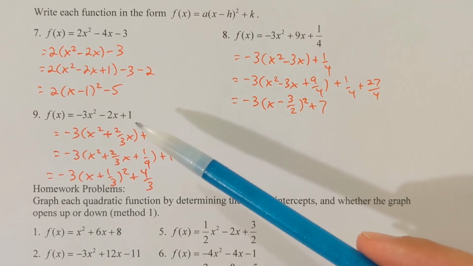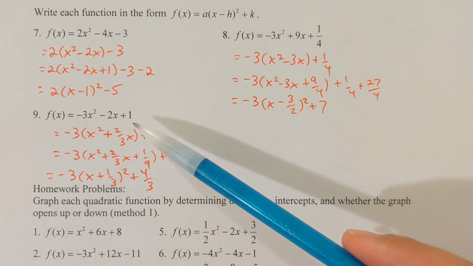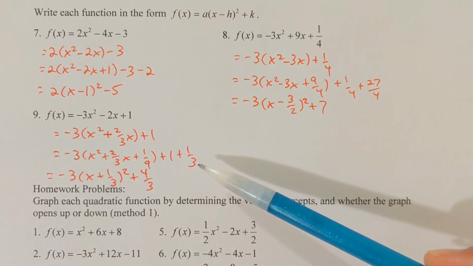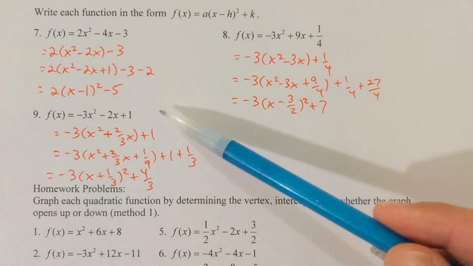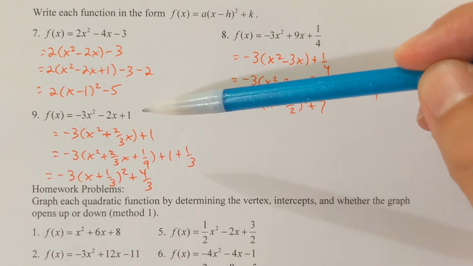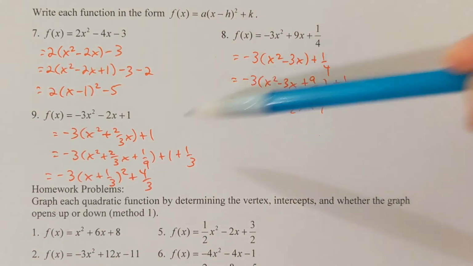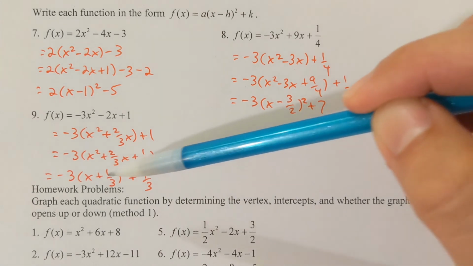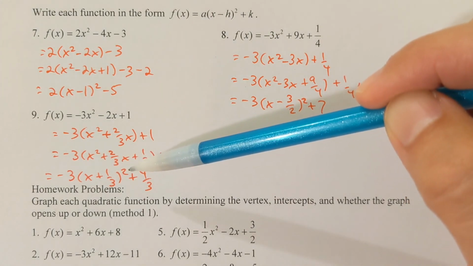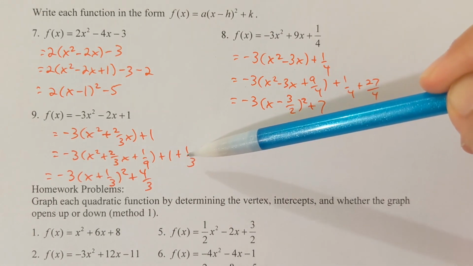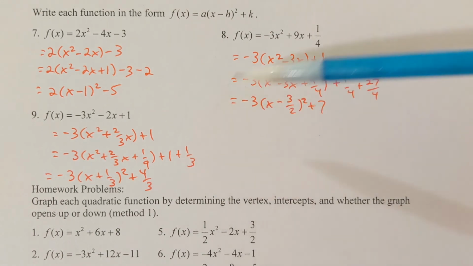Well, I don't have a minus 1/3 there, so because I don't have a minus 1/3, I'm going to have to have a plus 1/3, so that way it's like I've done no harm in that I've added 0. Negative 3 times x plus 1/3 squared plus 4/3 is the answer.